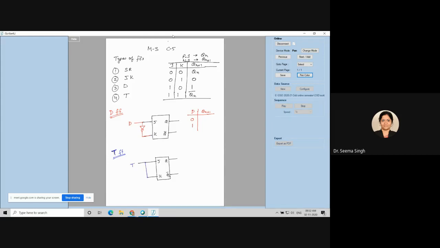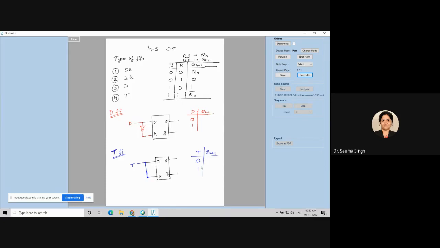T flip-flop says that the two inputs are shorted. D flip-flop says that the input is connected through a NOT gate. So you will see that both are one input gate only. D as well as T, both are one input gate only.